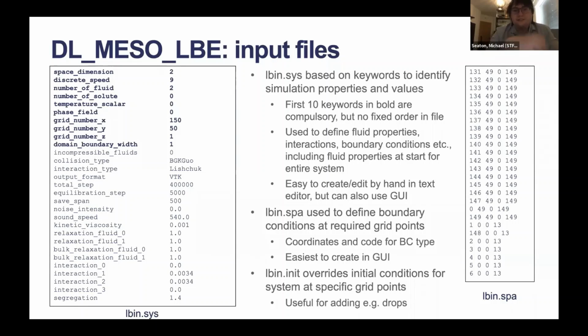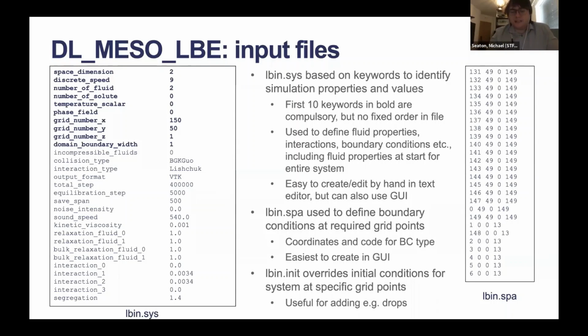And these are used to define various fluid properties, your interactions, the values for the speeds or densities and things for boundary conditions, and also what the fluid's properties are at the start for the entire system. It's not too difficult to create this file by hand in a text editor, but the graphical user interface is quite useful here.